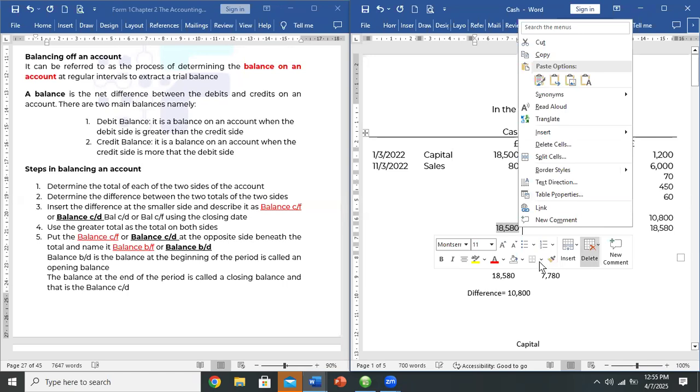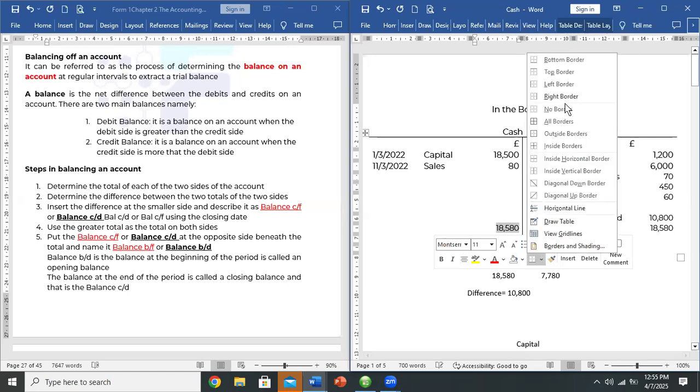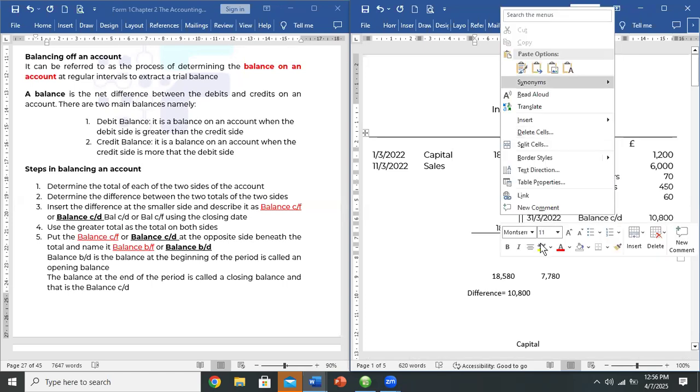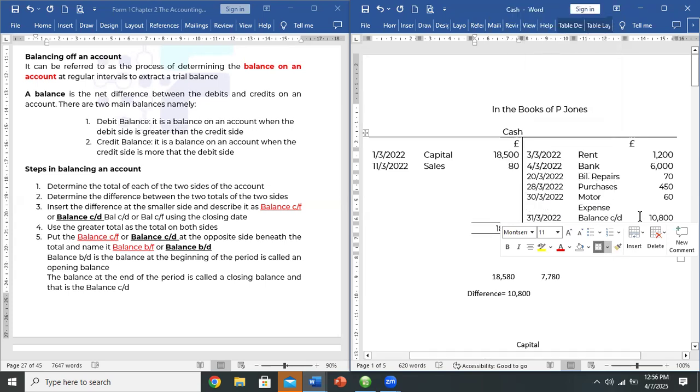Because it's a total, you need to underline your totals, something like this.